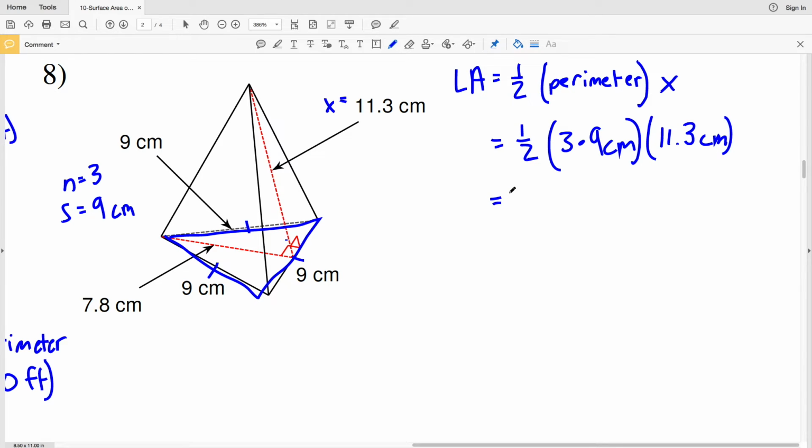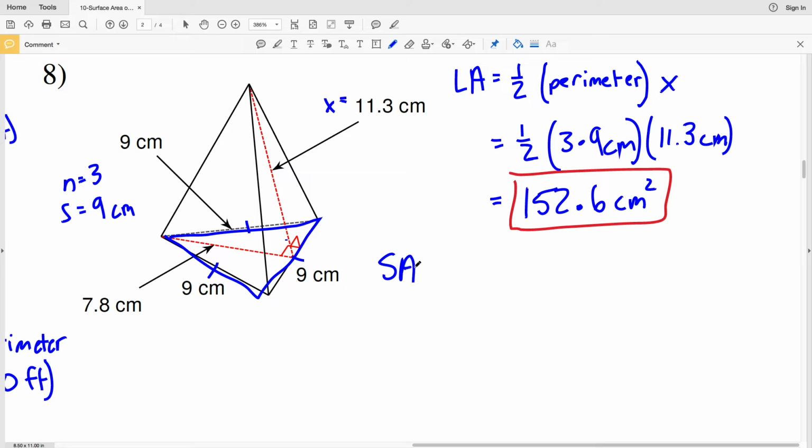1/2 times 3 times 9 times 11.3 equals 152.55, which rounds to 152.6 centimeters squared. Now let's calculate surface area. Surface area equals the lateral area plus the area of the base.